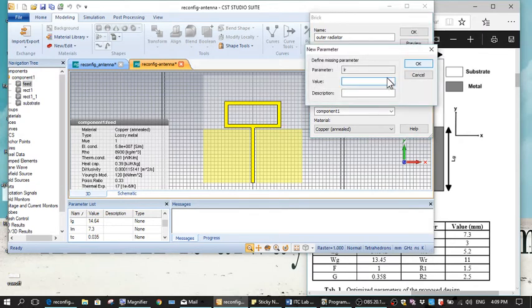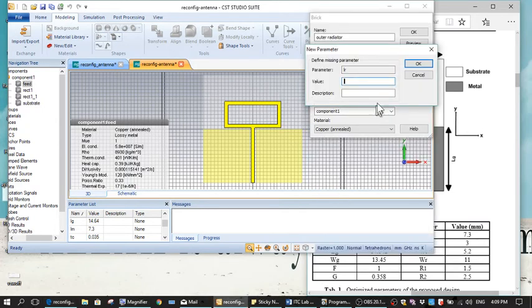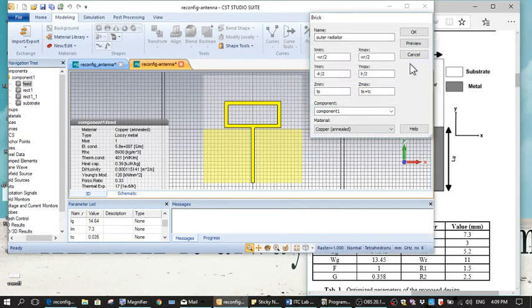We'll preview our design. It's asking for LR, which is 3, so give it 3. Okay, it has positioned it here. We need to move it upwards. Okay, let's see what can we do for this positioning.